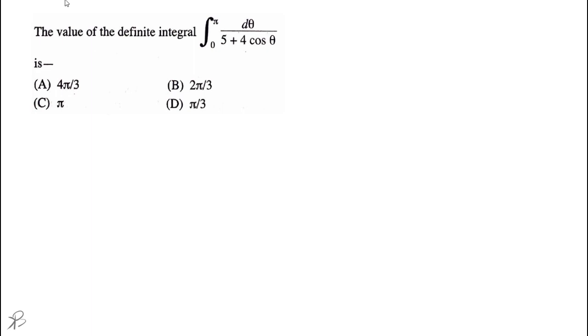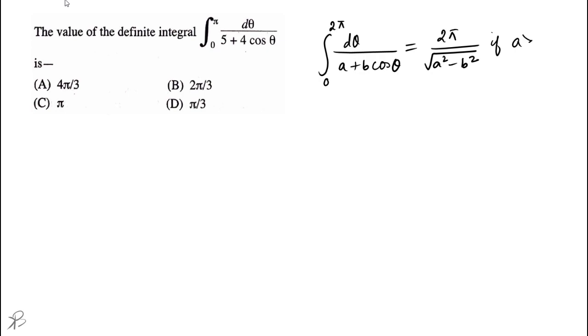We know that the general formula for this kind of integral, that is 0 to 2 pi d theta by a plus b cos theta, is equal to 2 pi by root over a square minus b square, if a is greater than b.